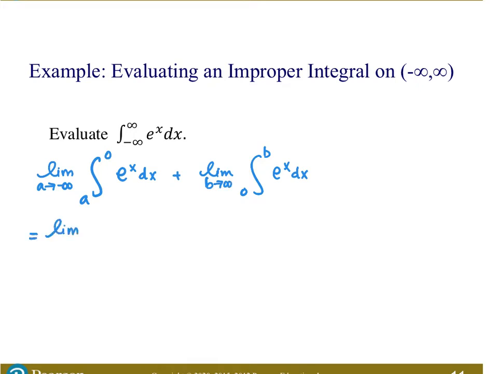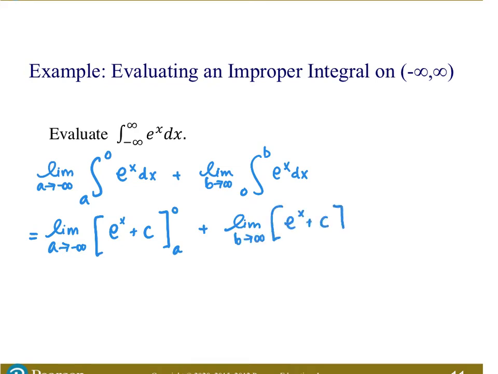And so I evaluate these antiderivatives. The antiderivative of e to the x is e to the x plus c, evaluated from a to 0. And then the limit of, again, the same antiderivative, evaluated from 0 to b.